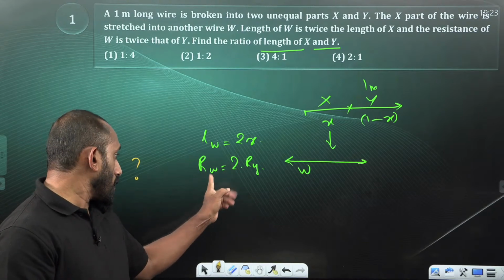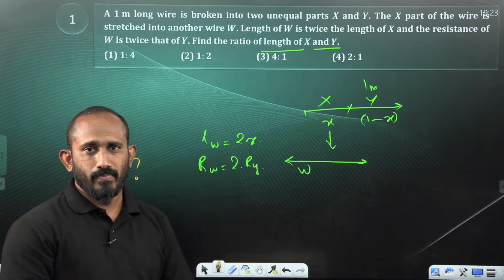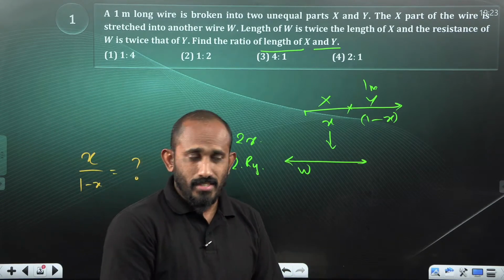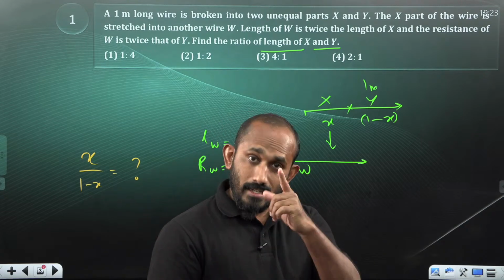Resistance of W is equal to 2 times resistance of Y, and all are the same material. If they are the same material, we have the same resistivity.